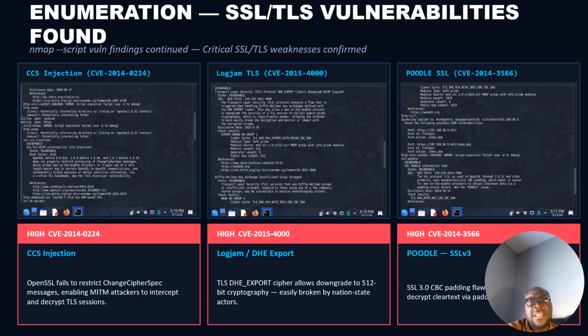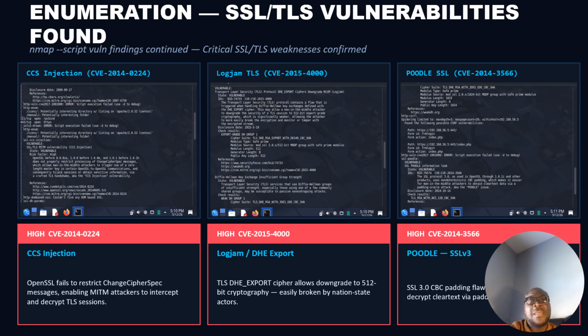The vulnerability scan revealed three critical SSL and TLS weaknesses that are well documented in the CVE database. First, CCS injection, CVE-2014-0224, affects older versions of OpenSSL and allows a man-in-the-middle attacker to intercept and decrypt encrypted communications.